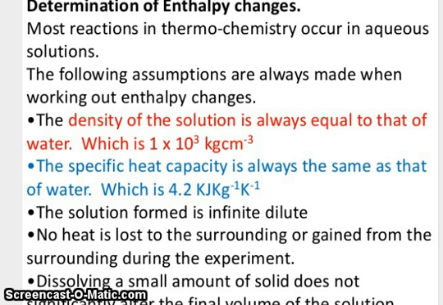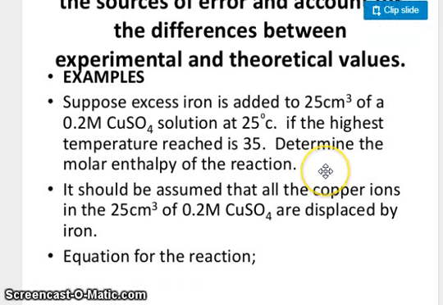The solution formed is infinitely dilute. No heat is lost to the surroundings or gained from the surroundings during the experiment. When dissolved, a small amount of solid does not significantly alter the final volume. These are sources of error and account for the difference between experimental and theoretical values.